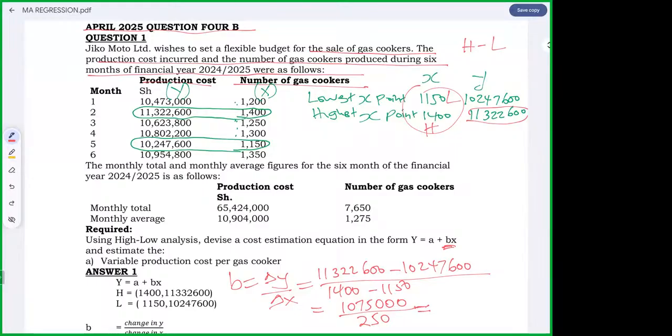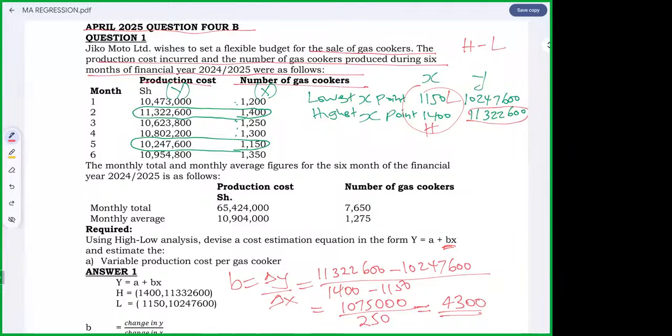When you divide, what are we able to get? I can see Connex giving me 4,300. That is the value of B. And remember, B is the gradient.